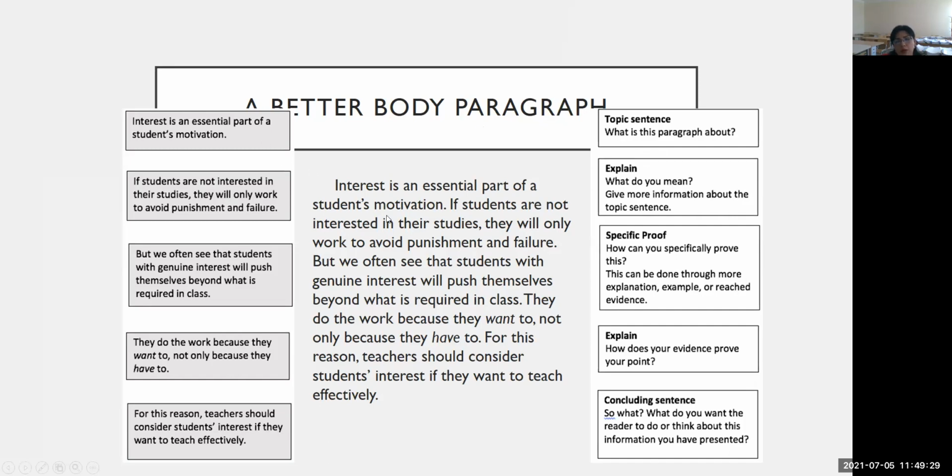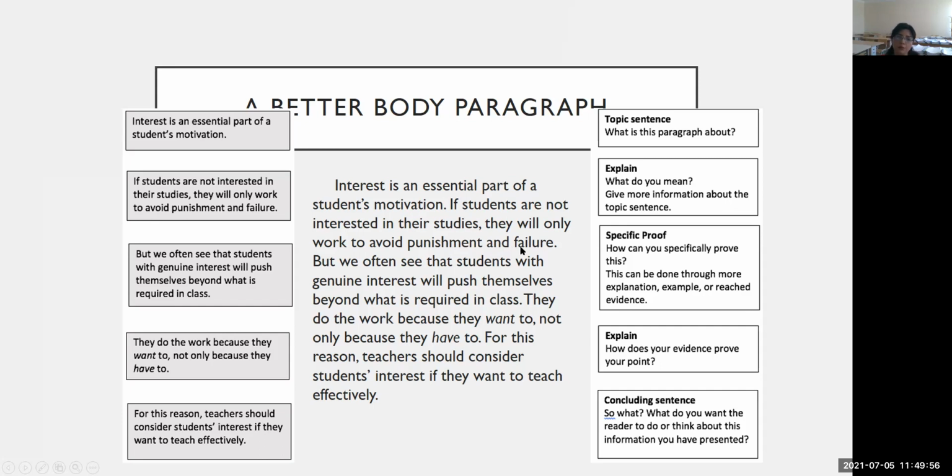So the paragraph is about interest. "Interest is an essential part of a student's motivation" is the topic sentence. So this is a sentence which shows what the paragraph is about. And in the next sentence, "If students are not interested in their studies, they will only work to avoid punishment and failure."